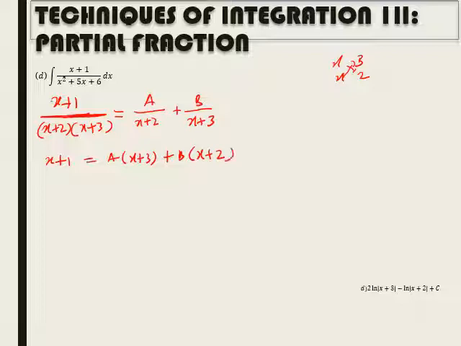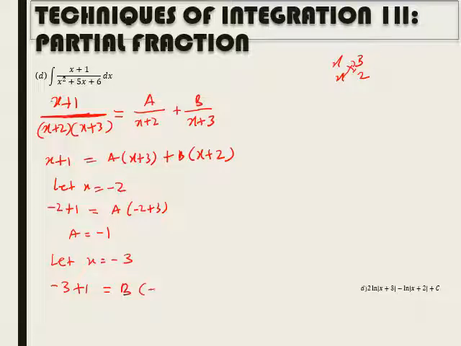For x plus 2, we let x is equals to negative 2, so negative 2 plus 1 is equals to a times negative 2 plus 3, so a must be equals to negative 1. Okay, to find b, we let x is equals to negative 3, so negative 3 plus 1 is equals to b times negative 3 plus 2, so it's negative 1 here, so b is equals to 2.